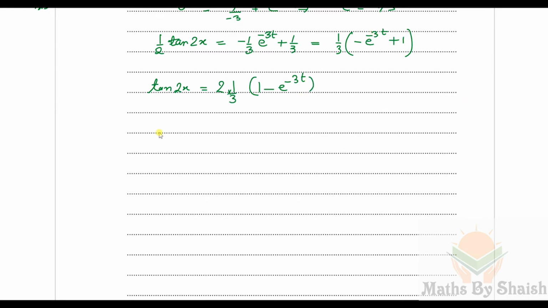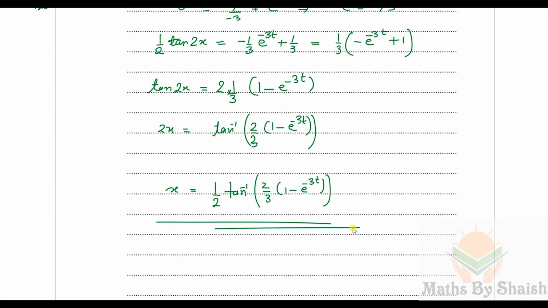So now 2x would be tan inverse, because we require x as an angle, so tan inverse of 2 by 3 times 1 minus e raised to the power minus 3t, and hence x in terms of t would be 1 upon 2 tan inverse of 2 by 3 times 1 minus e raised to the power minus 3t, and that's the answer.